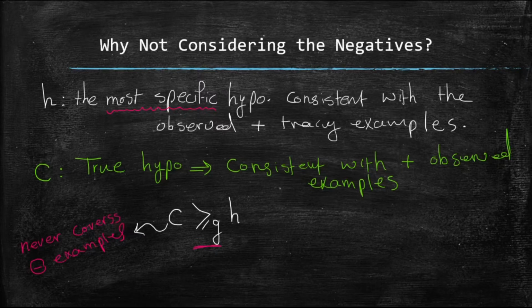And that is why, as we are searching through our training examples, we do not bother with the negative examples, because we already know that H will not be satisfied by them, because at every step, H is the most specific hypothesis consistent with the observed positive examples up to that point.